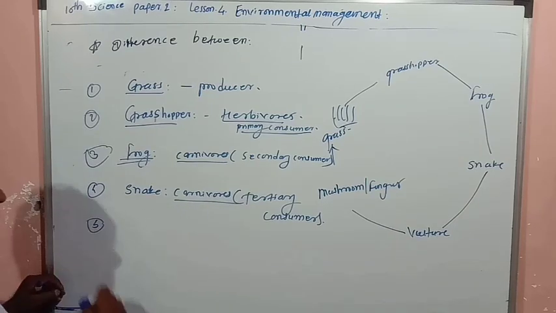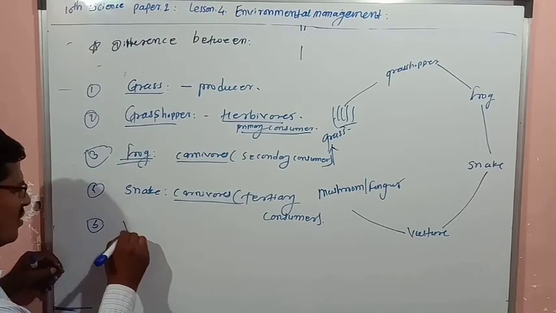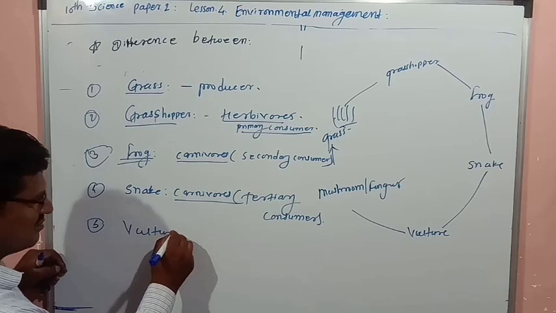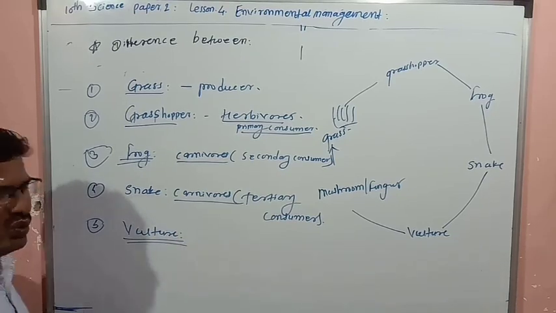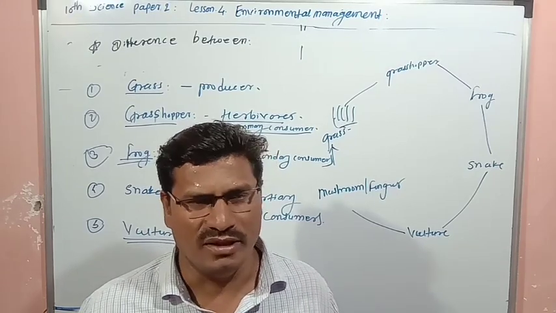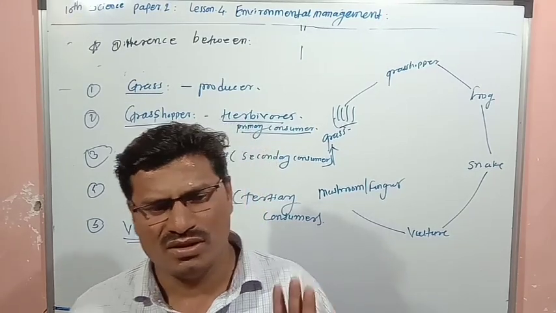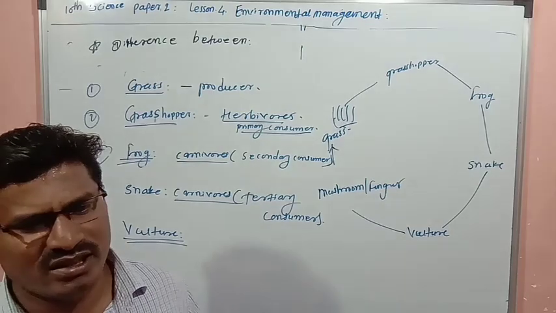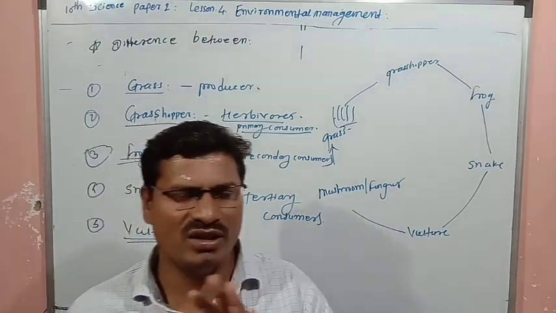And the fifth one is there, vulture. What you can say, tertiary, and after that quaternary.